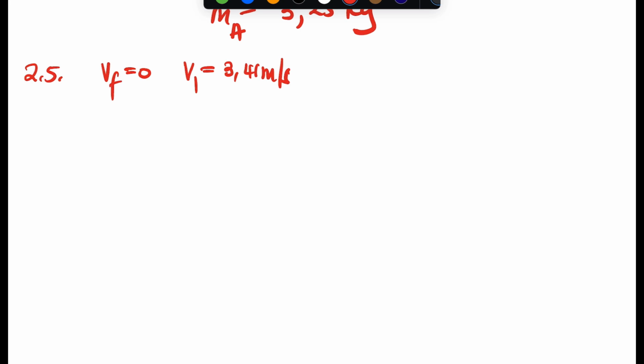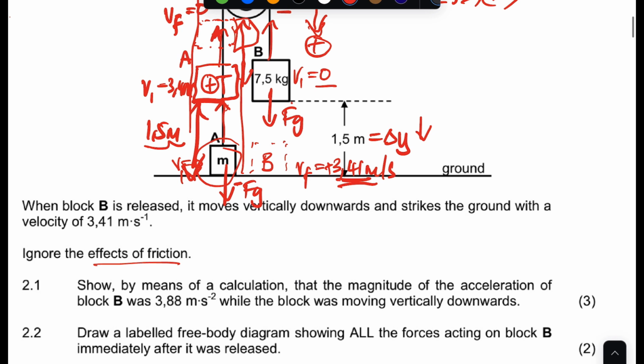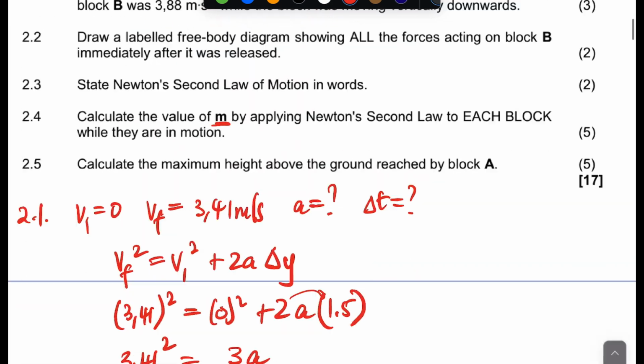Since it's a free fall, the only force that acts on it is the gravitational force. We chose up as positive at block A, if you still remember.